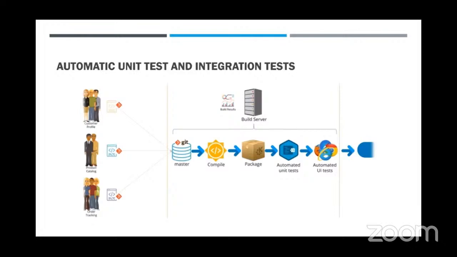So that leads to better code quality, and at the same time, all of this is very automatic. As soon as the developer checks in the code, it goes to Git and then gets compiled, packaged, unit tested, and if it passes, then it goes ahead into the next part. As of now, all of these steps are taken care of by the build server automatically.